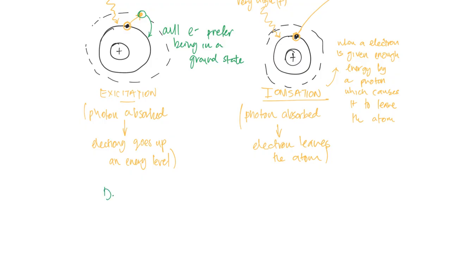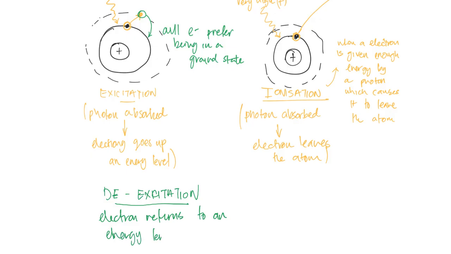So we call that de-excitation, when an electron returns to an energy level or an energy state, and we're going to get a photon emitted.